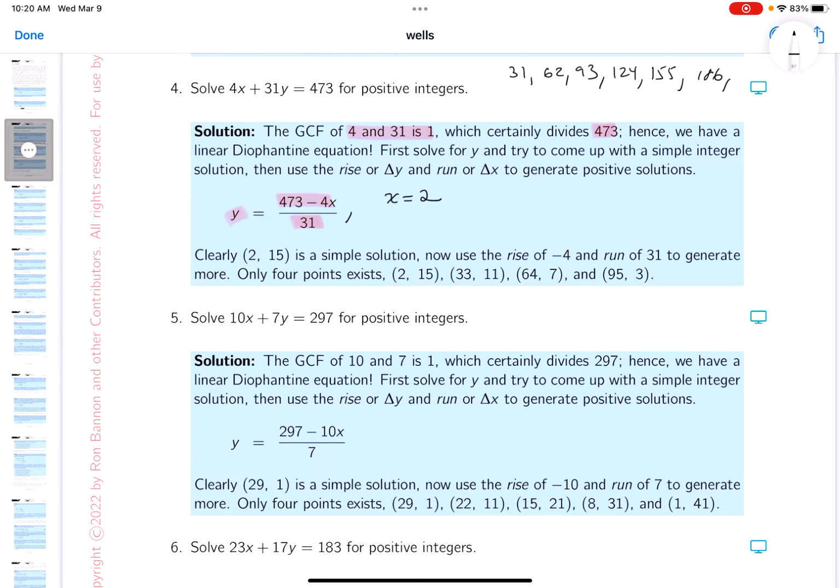Let me go through that with you. If x equals 2, the top would be 473 minus 8. If I'm going to take 8 away, it's going to be 465. And then I divide by 31. And I want to point out 465 is going to be in this list over here. Let me go through the division for you, though. It's going to be an integer.